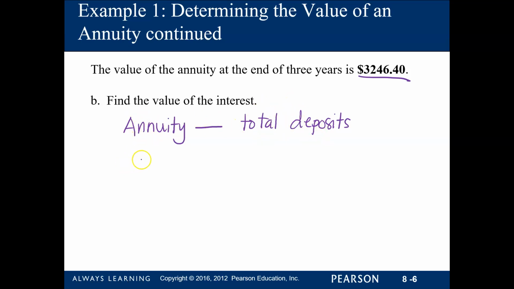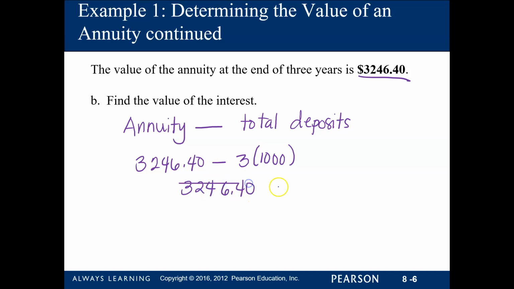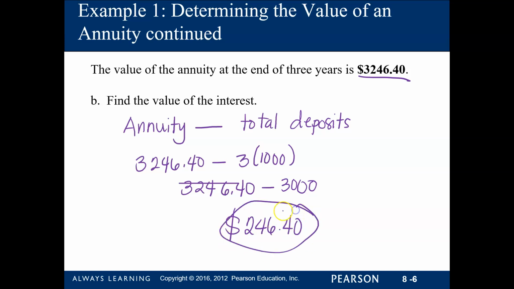So in this case, $3,246.40 minus how many deposits were made? 3. There were 3 deposits of how much? Of $1,000 every year. So you will have $3,246.40 minus $3,000. Therefore, the interest over the 3 years was $246.40.